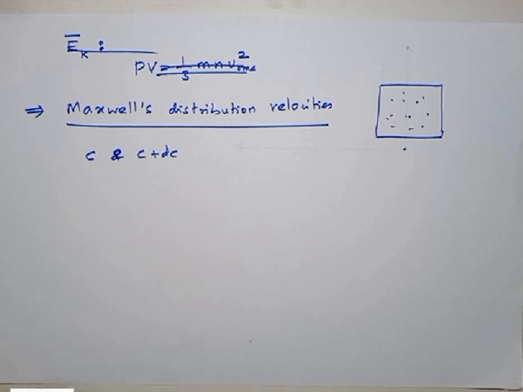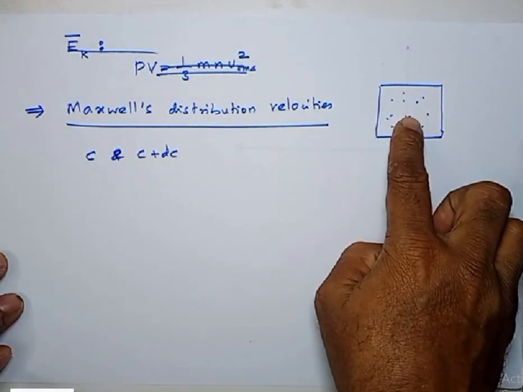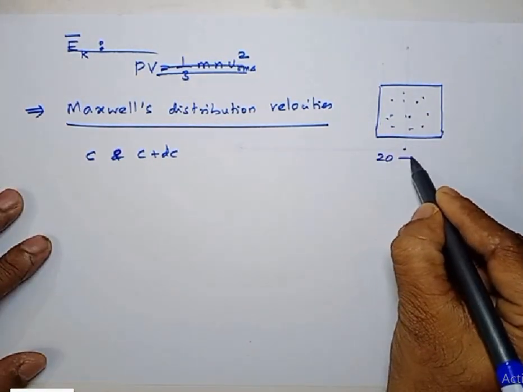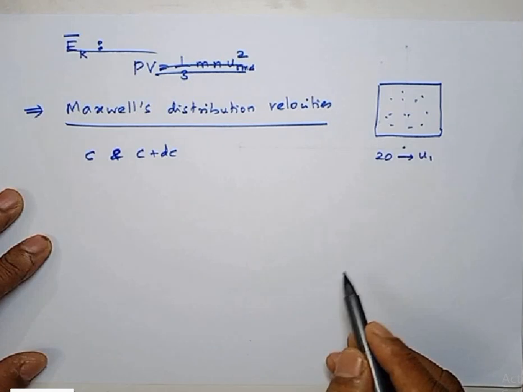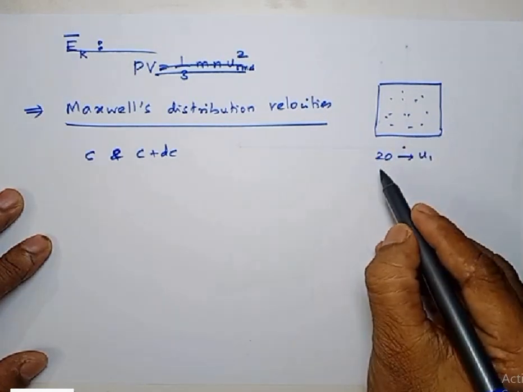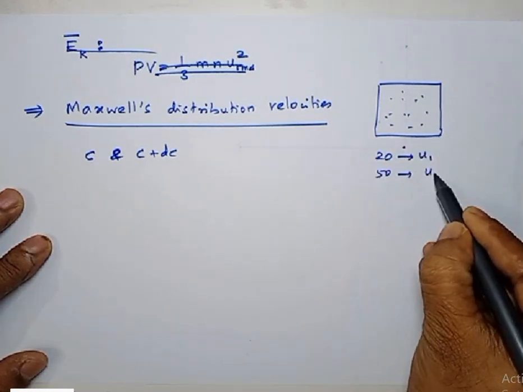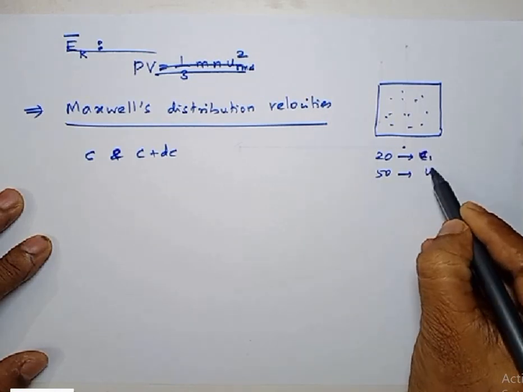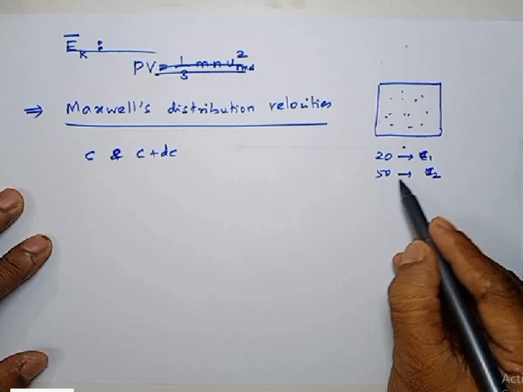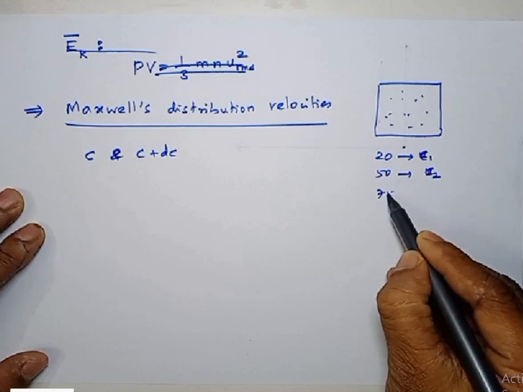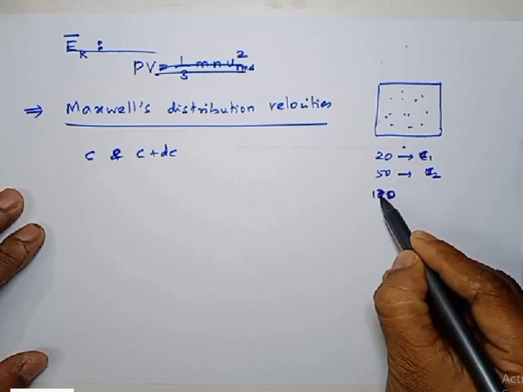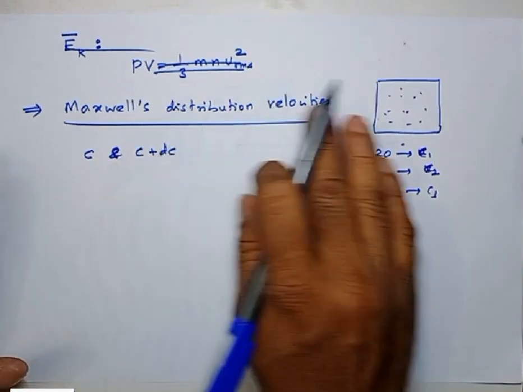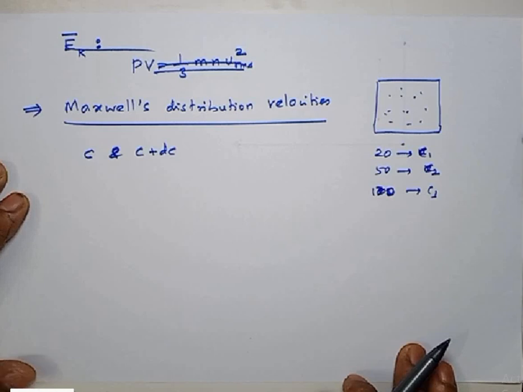What's the meaning? Suppose you take 1000 molecules in a container. Out of 1000 molecules, say 20 molecules have some velocity u1 at a particular time. Then another 50 molecules may have some velocity u2, or you can also write c1, c2. Then another 75 or 100 molecules, whatever it is, have velocity c3. So velocity is distributed among the molecules.